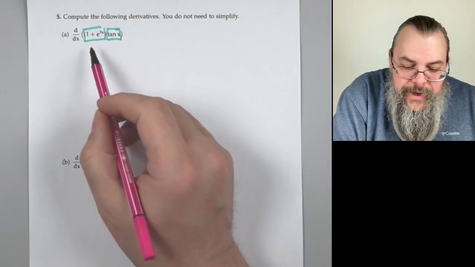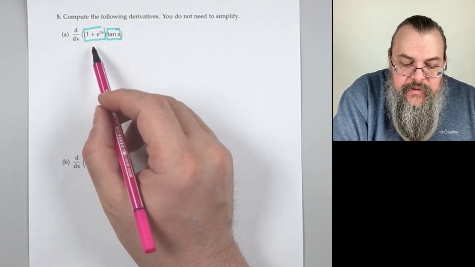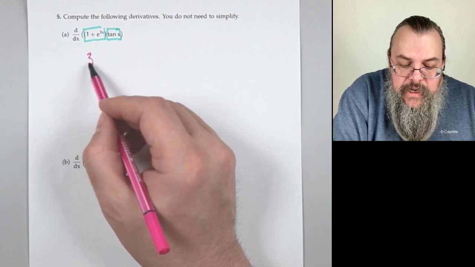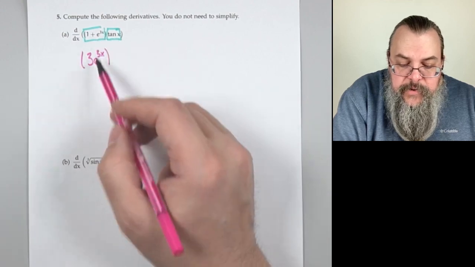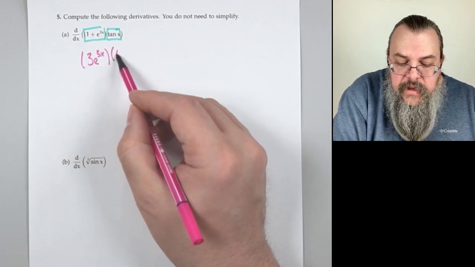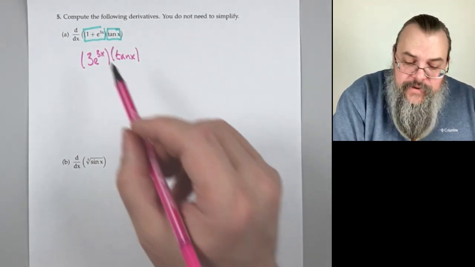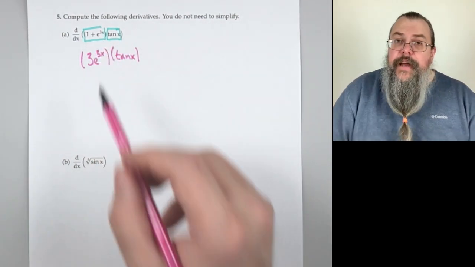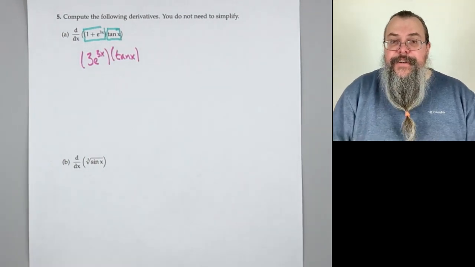But okay, so getting back here, the derivative of 1 plus e to the 3x is 3e to the 3x. All right, derivative of the first times the second. Leave that alone. Because the way I like to think of the product rule is everybody gets their turn, right?